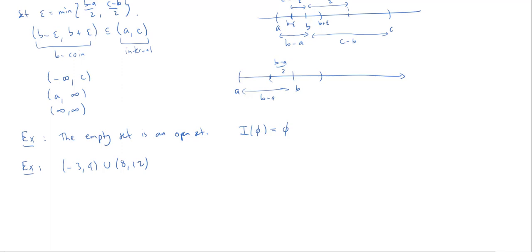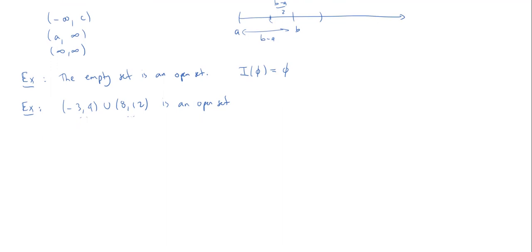And so if I take any point inside either one of these pieces, then I know that there's going to be a coin that lies completely inside that side of the interval. Well, that's all you need, right? It doesn't matter that it doesn't end up in 8, 12 when you choose some point between negative 3 and 4. So this is also an open set. So you can see now for the first time we have some sort of generalization. We can start piecing these open intervals together to get bigger open sets.